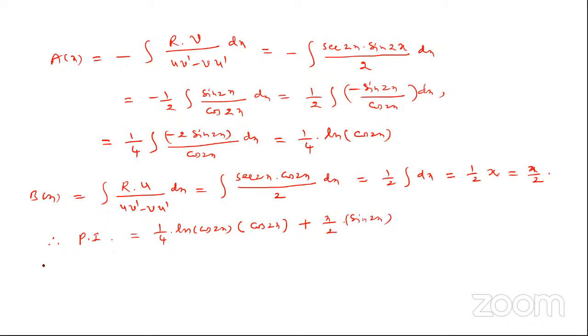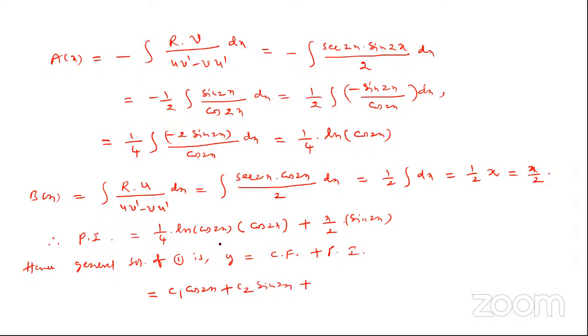the given differential equation. So hence now we are able to write the general solution. Hence the general solution of the given differential equation: y, the dependent variable, equals complementary function plus particular integral. We already know that the complementary function is c1 cos 2x plus c2 into sin 2x.